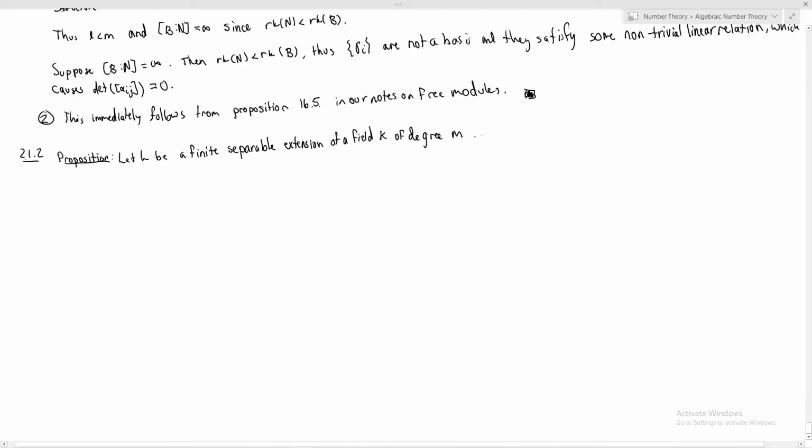So we're going to let omega be a Galois extension of L. And we're going to enumerate our distinct K embeddings.